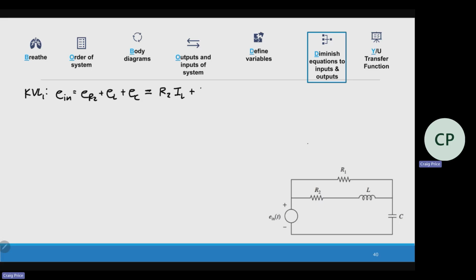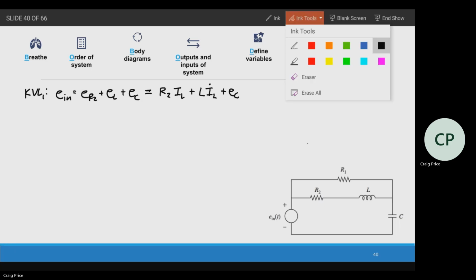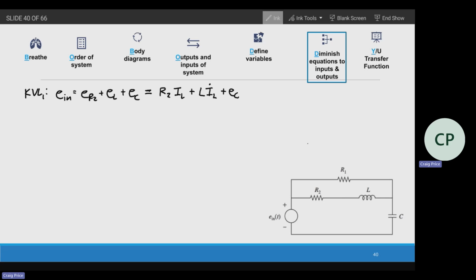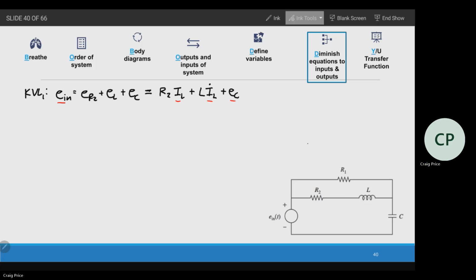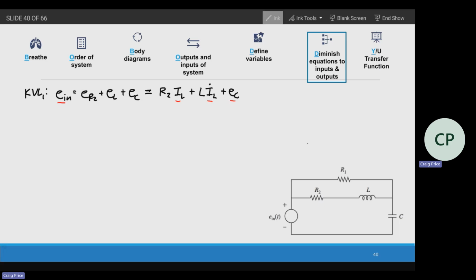The inductor voltage we can change to L IL dot, and we're going to keep EC. Now, let's take an inventory of these variables. I like EN, I like IL, I like IL dot, I like EC. So we're actually done with this equation.